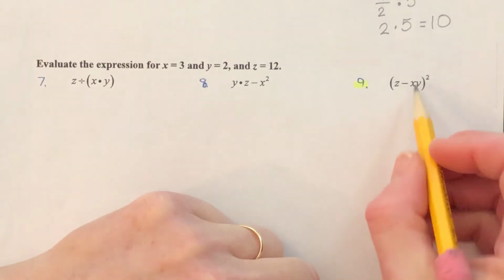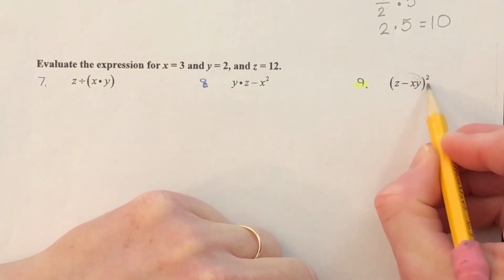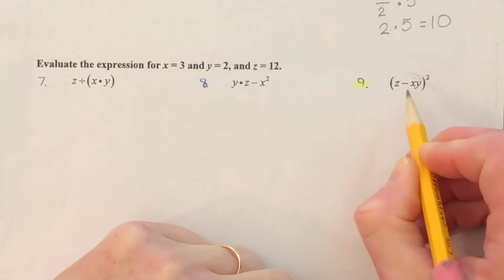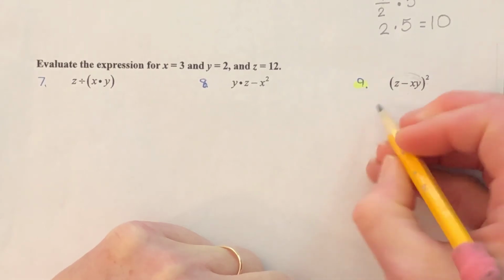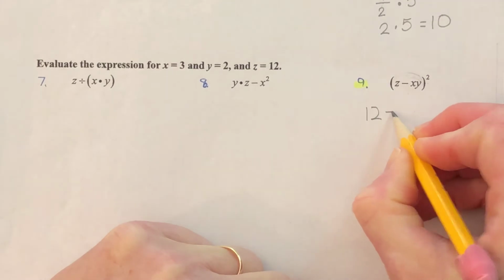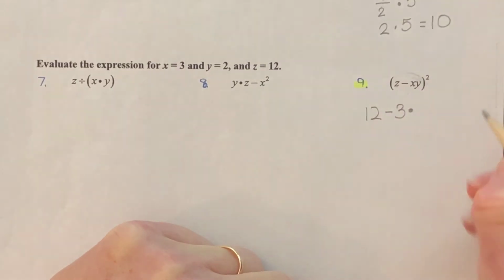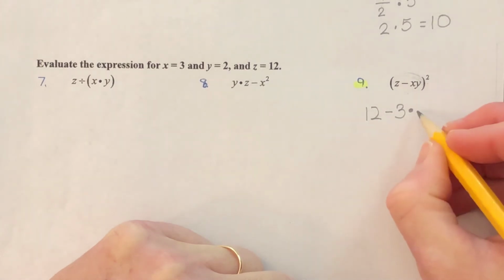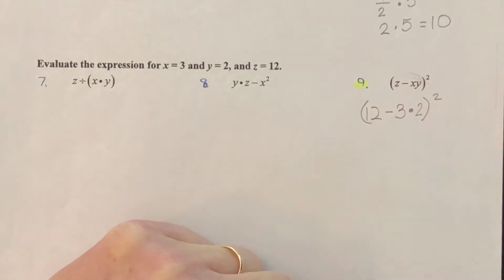Whatever we do, we do all of that inside there first. The last thing we'll do is square it because we've got to do inside the parentheses first. So z is 12 minus x is 3 times y, so I need to put in a little times dot. Put that whole thing in parentheses and I square it.